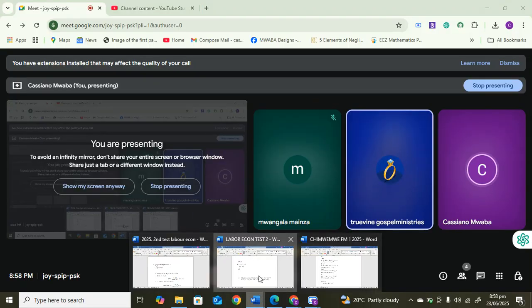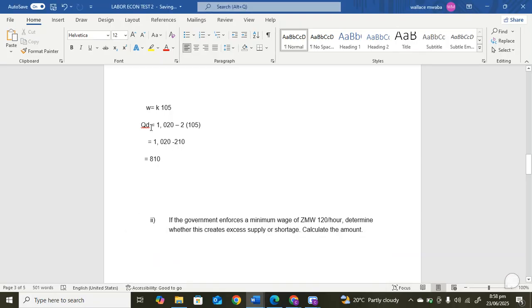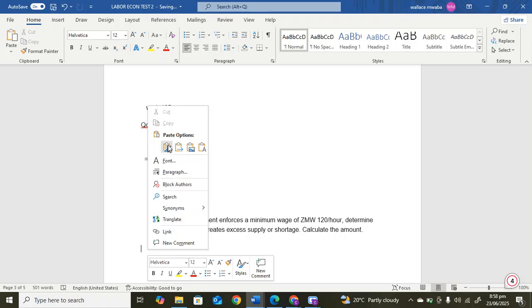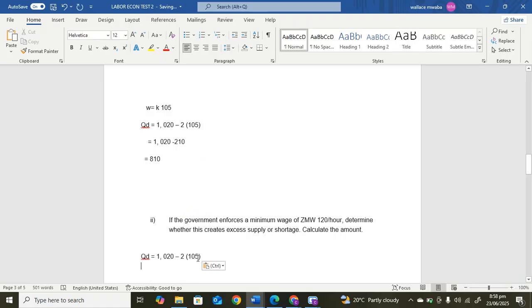It's become expensive now. Okay, so facing our demand function, let's see what happens to quantity demanded by firms. Where there's W, just substitute it with 120.